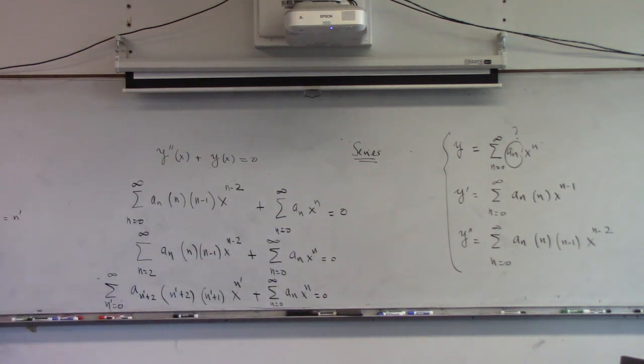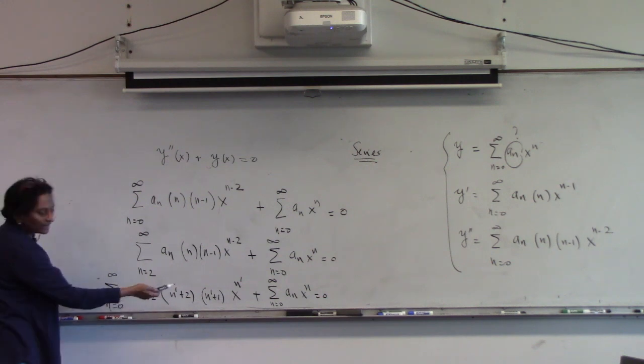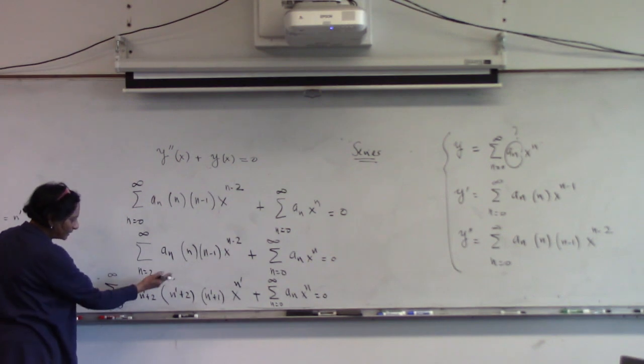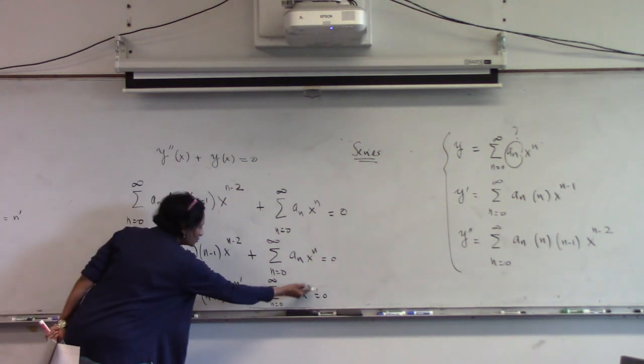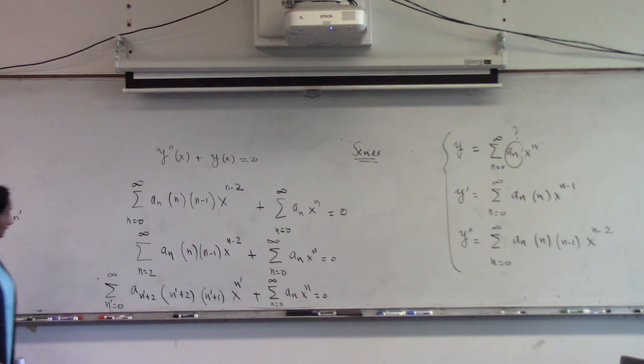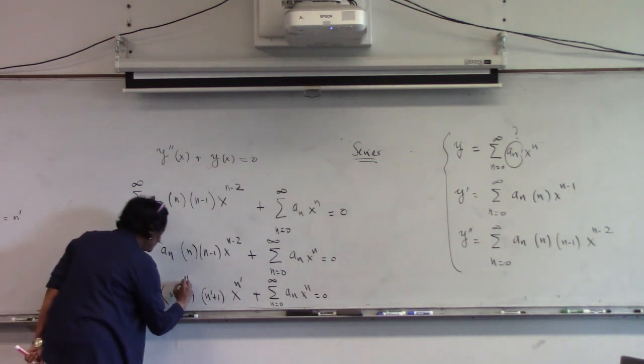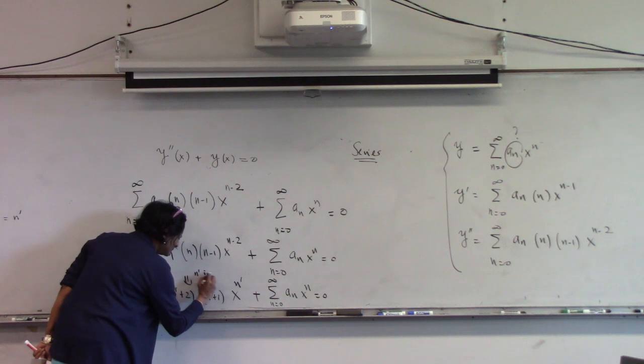Now, of course, n prime is a dummy variable. In an infinite series summation, if you call it n prime, it doesn't matter. I can call it m, x to the power m, whatever it is. So n prime is now a dummy variable.